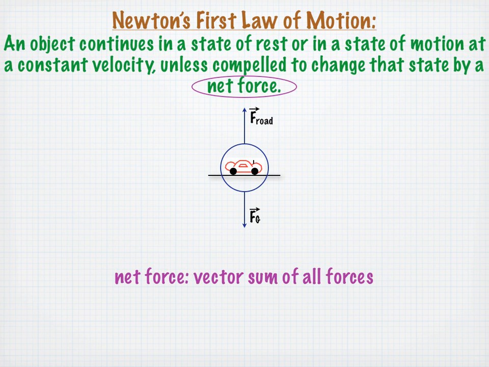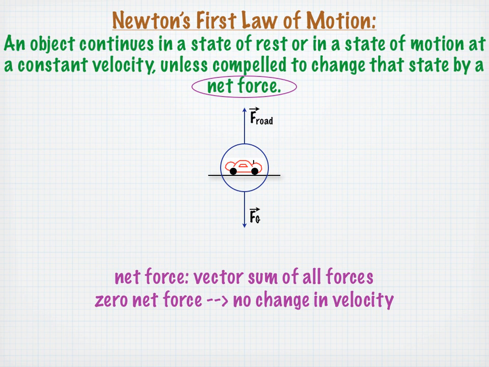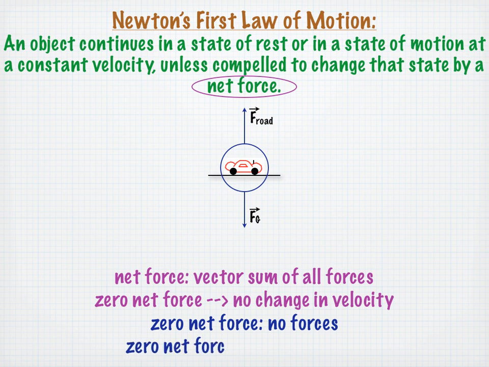In order for my car to continue to have zero change in its vertical velocity, these forces must cancel each other out, giving us zero net force in the vertical direction. A zero net force results in no change in the velocity. A zero net force could mean that no forces are acting on an object, or, as in this case, it could mean that forces are balanced, canceling each other out and adding to zero.